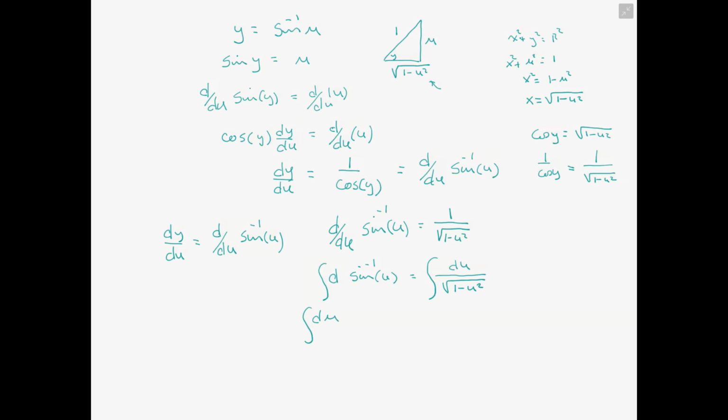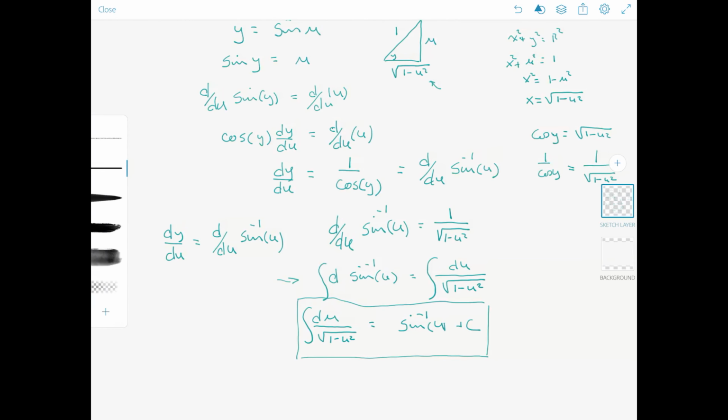And then if we take our integrals like that, we end up with the integral of du over the square root of 1 minus u squared equals the arcsine of u plus c, because that's what that term turns out to be.